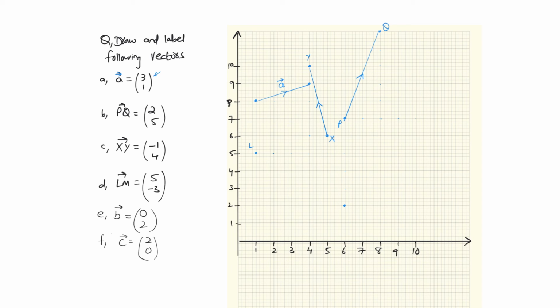So that's the ending point M. So LM is our vector. Starting from L, that's 5 units, and in the y direction, that's -3, so that's downward.